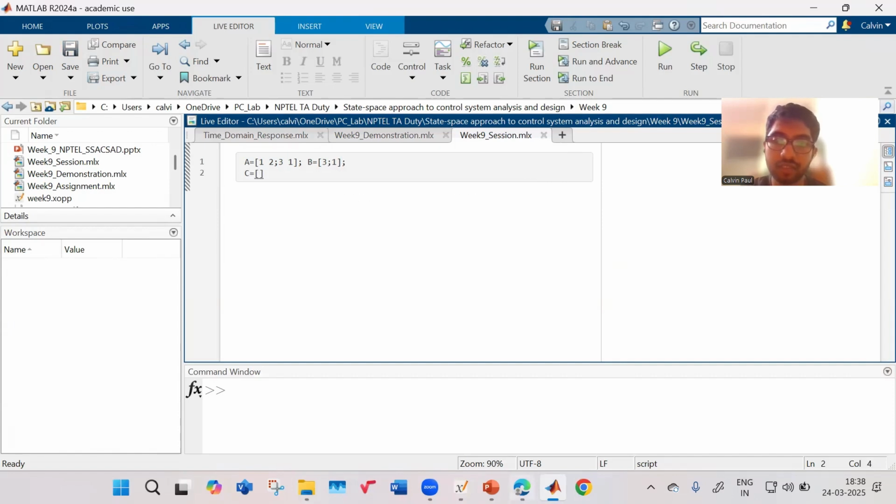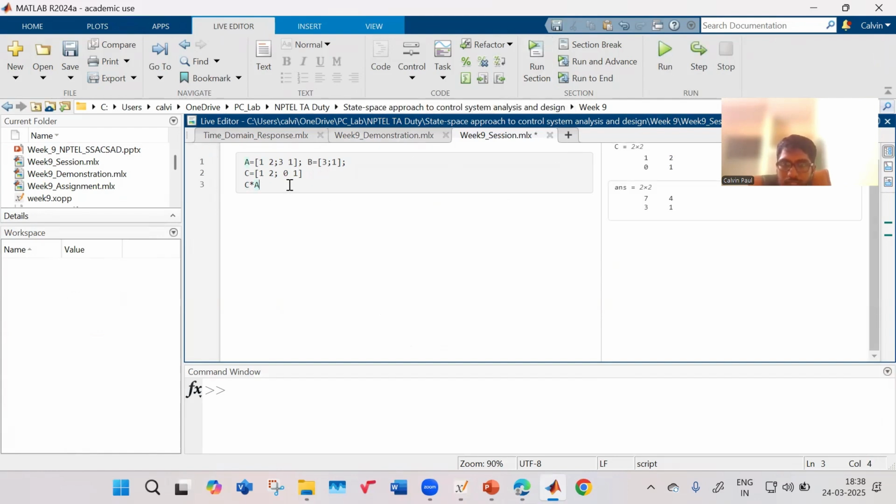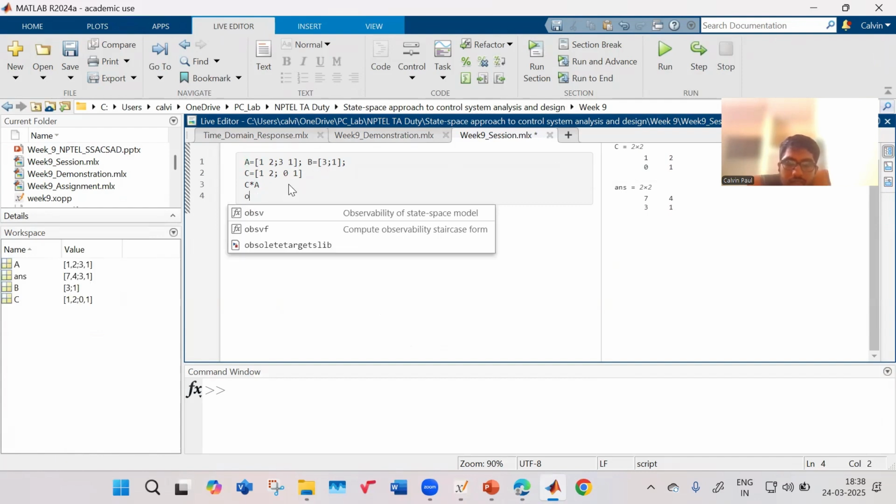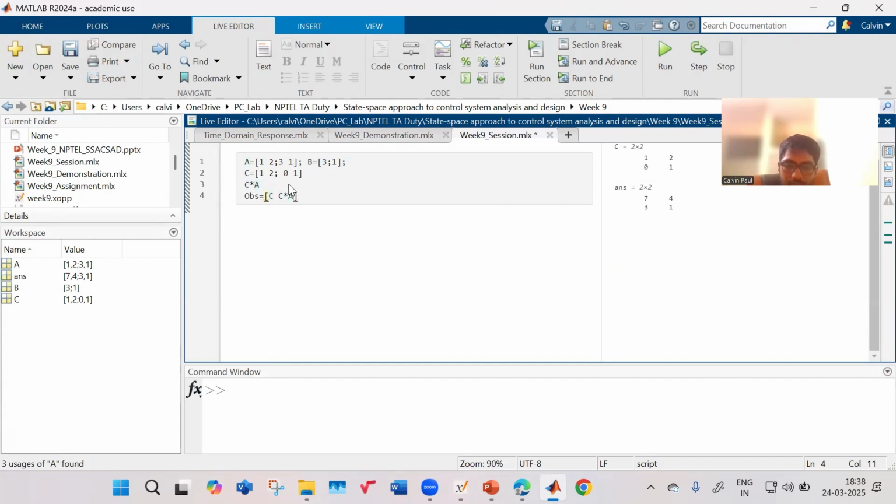C matrix is given by 1, 2, 0, 1. Let us run it. This is our C into A. So our observability matrix is equal to C and C into A. This is the matrix we get.